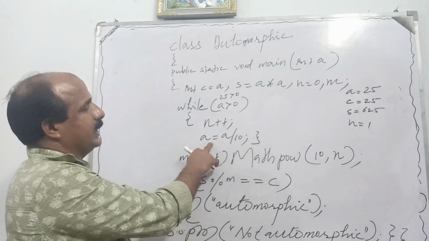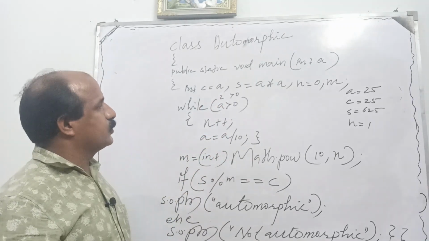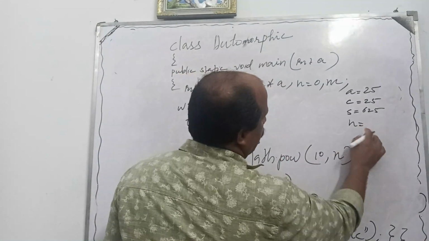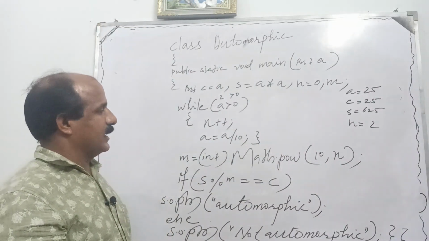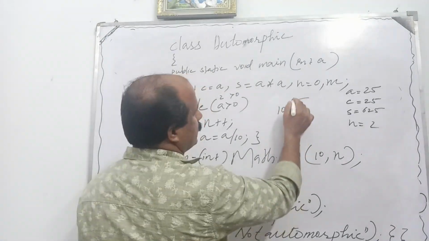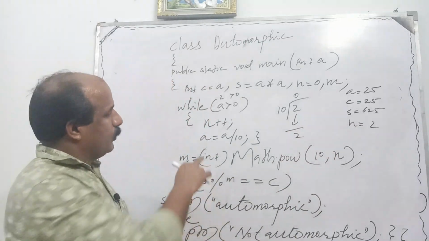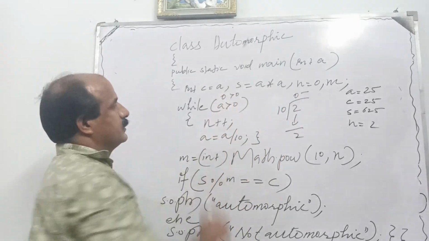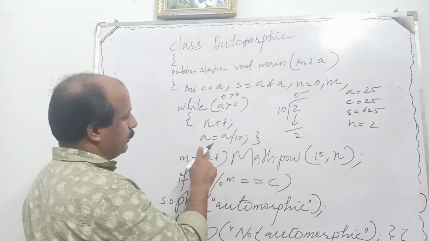A divided by 10 means the new value of A will be 2. So checking 2 greater than 0. Yes, N plus plus. What is the value of N now? It is 2. Now A is equal to A divided by 10 again. That means 2 divided by 10 is 0 times, and 2 becomes the remainder. So the value of A becomes 0. Is 0 greater than 0? This is false. False means the loop will be terminated.